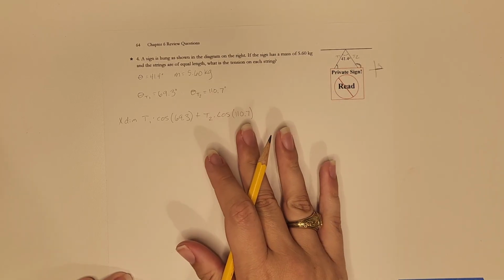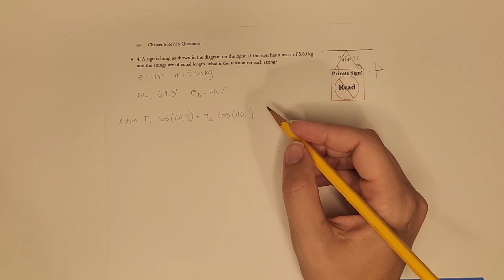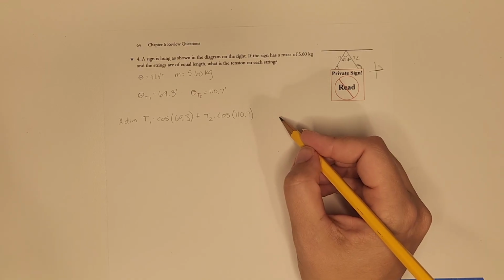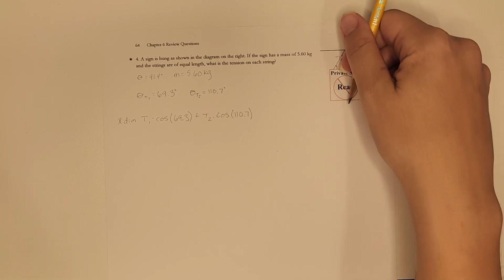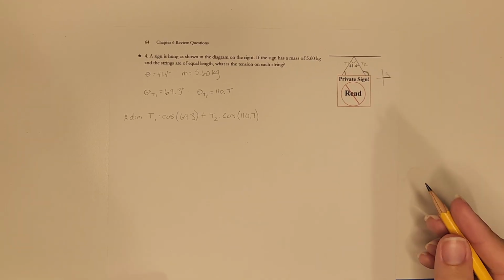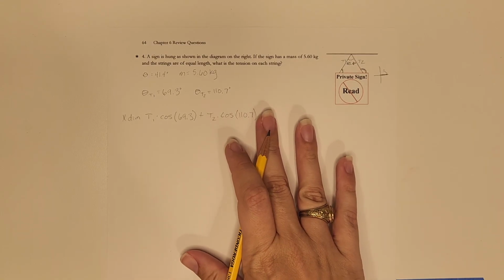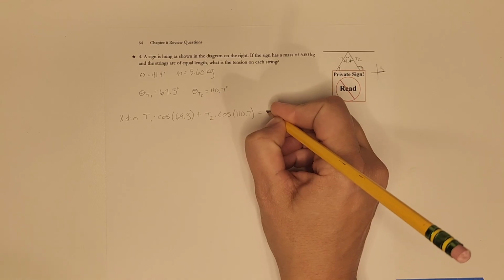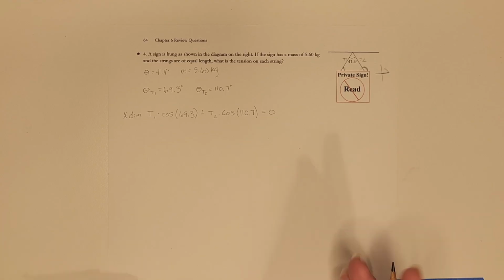Technically, the next thing would be plus the weight times the cosine of 270 because the weight is pulling this down. The angle is 270, but the cosine of 270 is 0. So we're not going to even write that part, but that is technically included as part of this equation. Then I'm just going to make those equal to 0.